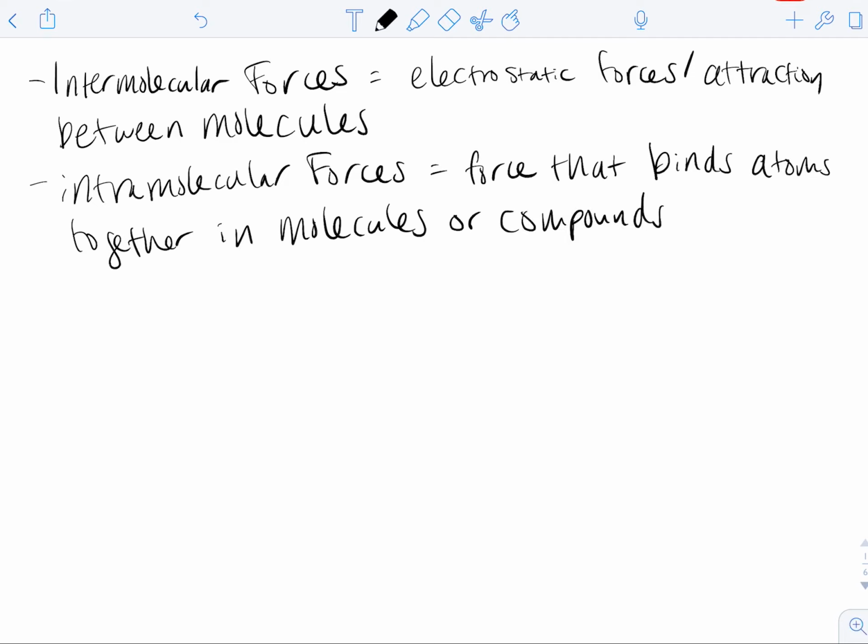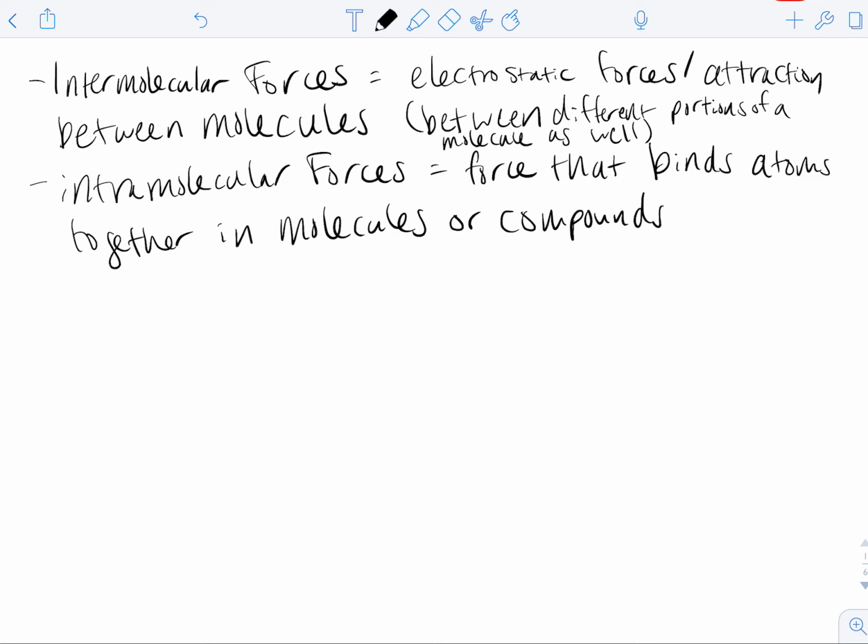With an intermolecular force, I-N-T-E-R, we can also have it between parts of molecules if the molecules are large enough. Okay? So we're going to be looking at that.